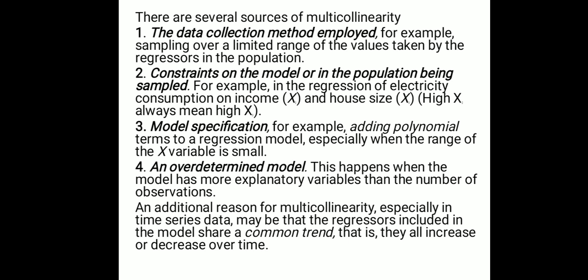For example, in the regression of electricity consumption on income x and house size x, high income always means a high house size. Then model specification, for example, adding polynomial terms to a regression model, especially when the range of the x variable is small. Next is an overdetermined model. This happens when the model has more explanatory variables than the number of observations. These are the reasons for multicollinearity.